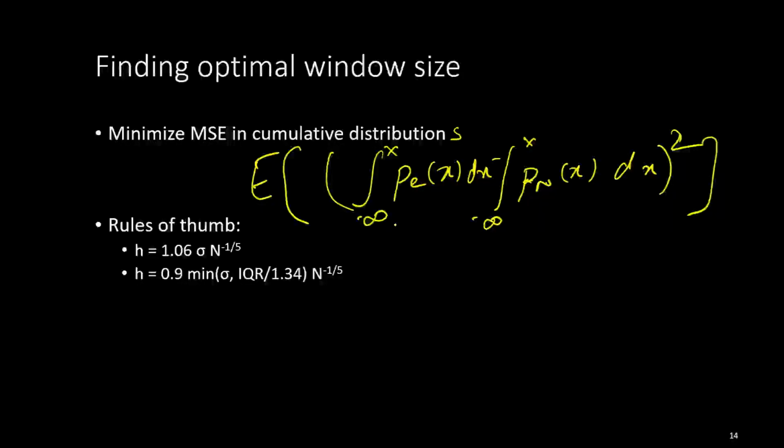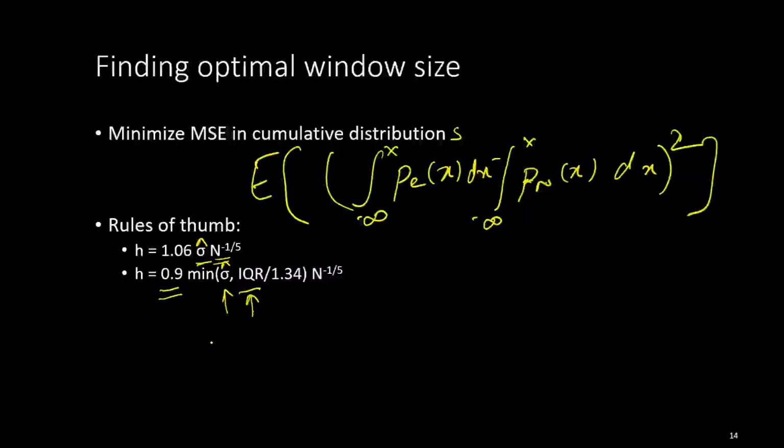For Gaussian kernels, it turns out that a heuristic is that we take the sample standard deviation and the number of points, raise the number of points to the power of minus one fifth, and multiply it with the sample standard deviation. A better estimate is that we can also use the minimum of the sample standard deviation and the interquartile range.